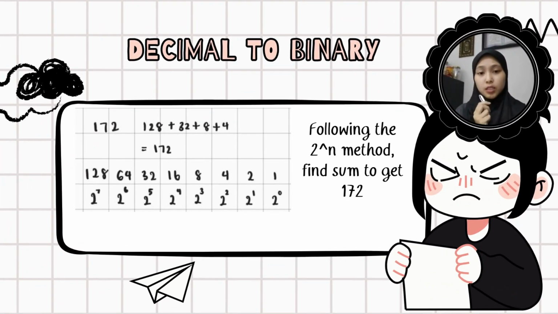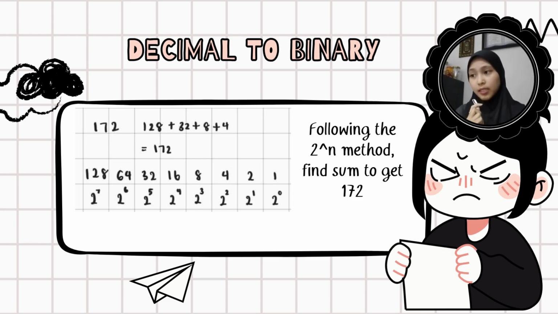To convert the IP address into binary, we have to convert it one by one. First, I'm going to convert 172 into binary. Following the 2 power of n method, I need to find the sum to get 172.